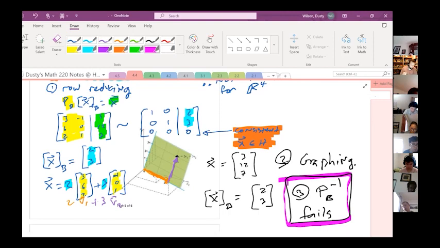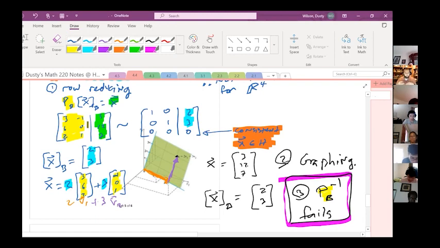Notice that your P_B matrix, this yellow matrix, is not square. So there is no inverse matrix in this case. And the reason is because your H space that we're talking about is only a 2-dimensional subspace. It doesn't actually fill out all of R3.